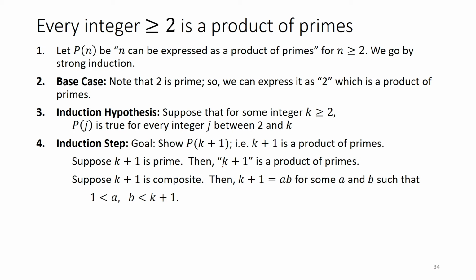We simplify this: k plus 1 equals a times b. This is composite, and a is greater than 1, b is less than k plus 1.